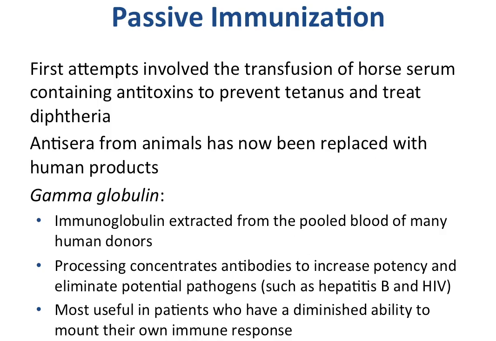Passive immunization, for example, we transfuse the horse serum that contains antitoxins to prevent the tetanus and diphtheria.